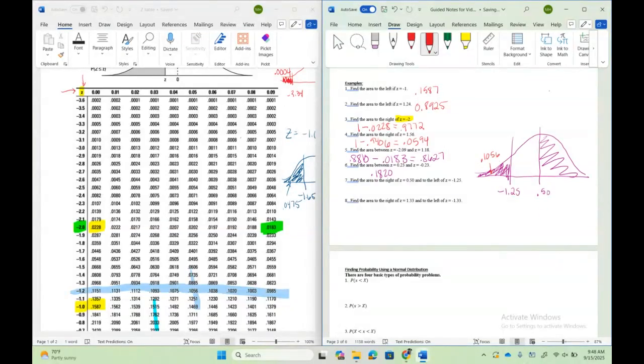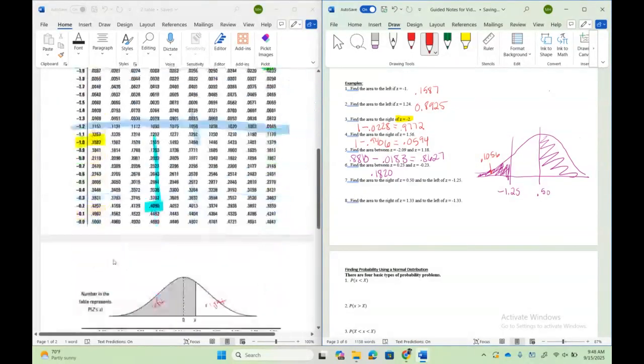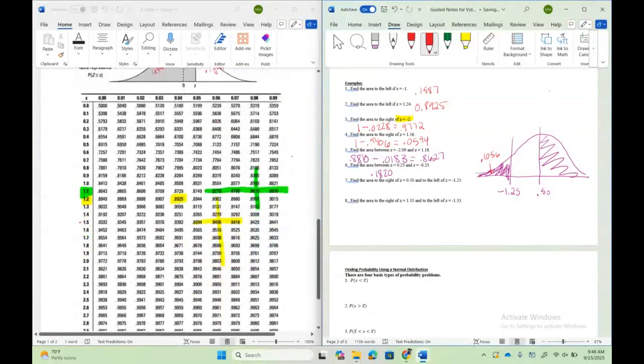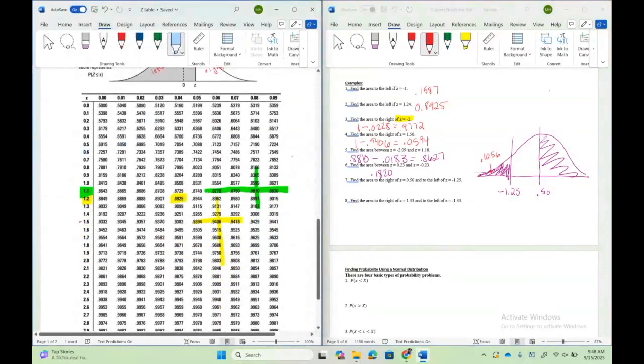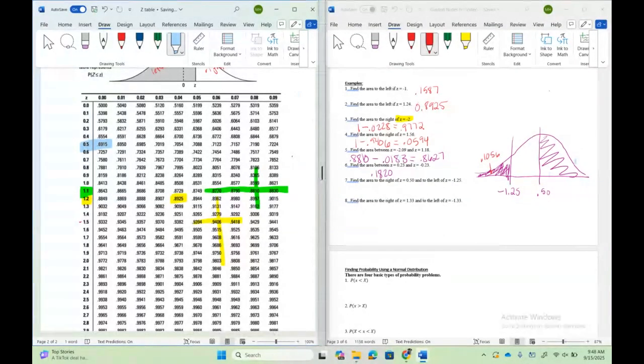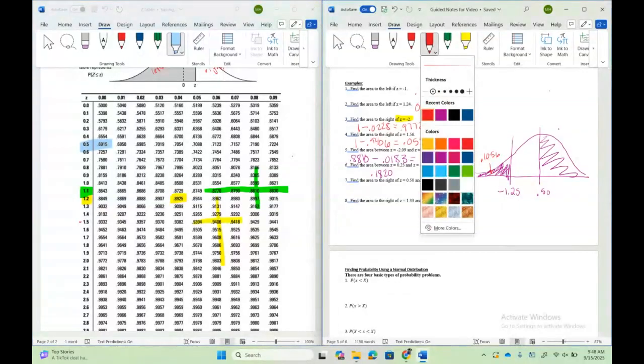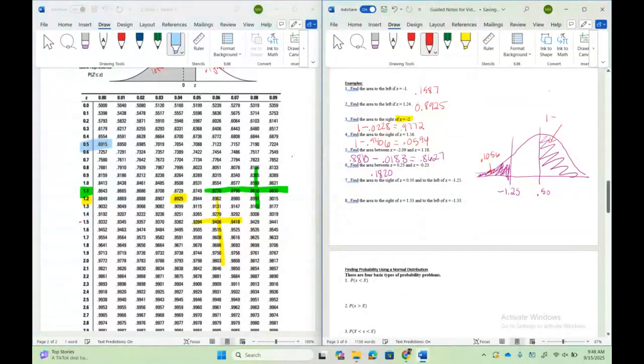Then the area to the right of z equals 0.50. So here we are, 0.50. The area here is actually going to be 1 minus 0.6915, which is 0.3085.